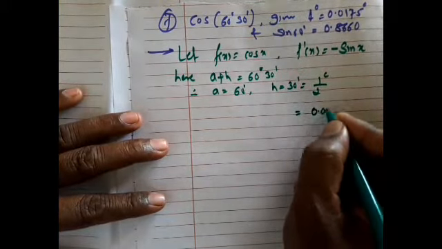Let a plus h is 1.001. Now, which inverse can we find easily? That is 1. So, therefore, a is equal to 1 and h is equal to 0.001.